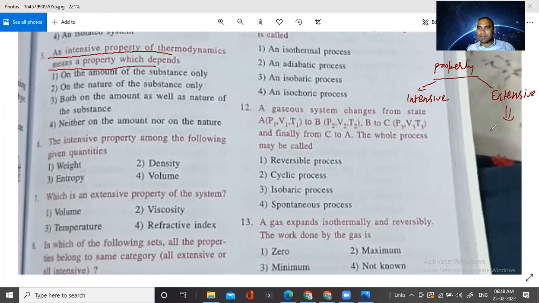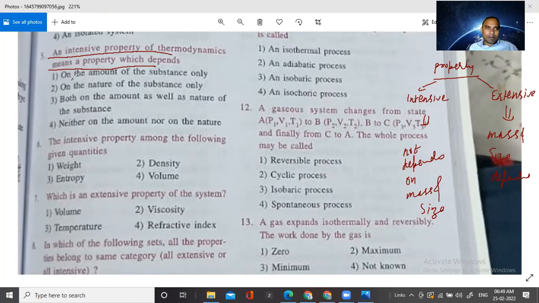Extensive means mass and size dependent. Intensive does not depend on mass and size. So which can be our answer? You check the answer and tell me.